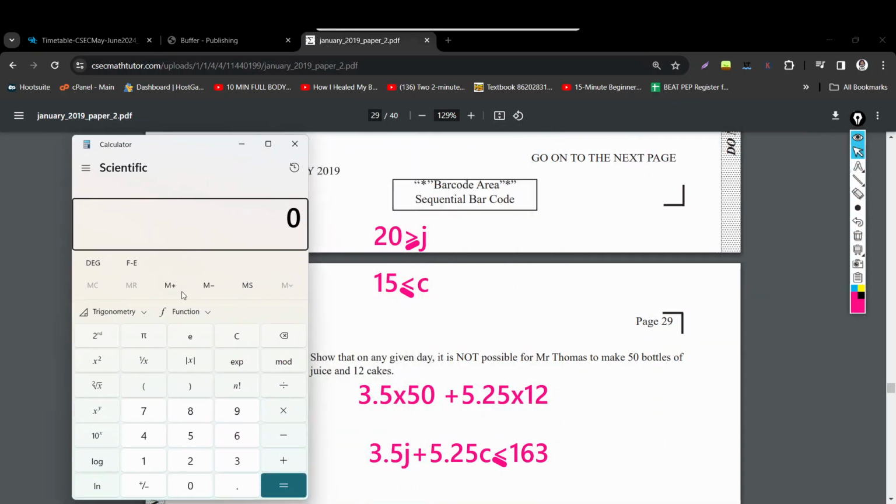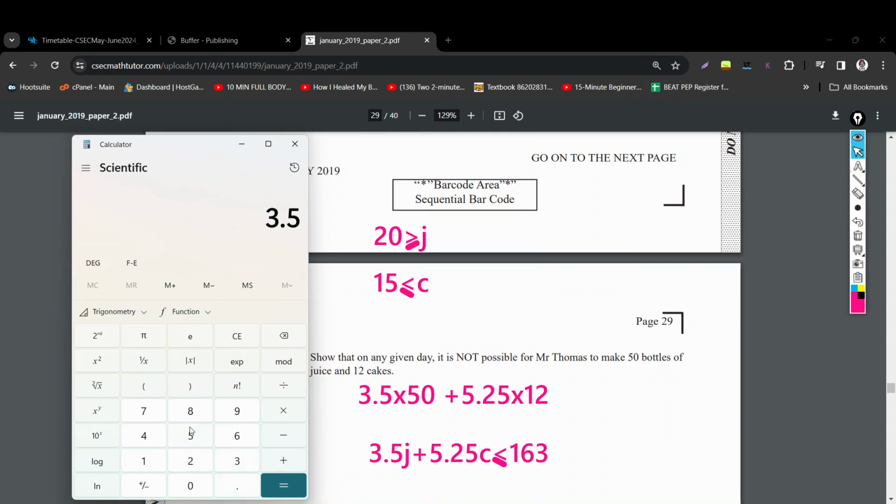And in this case, you're going to get 3.5 times 50, which is 175. 175 is already above 163, so it's kind of really obvious. And the next one now is 5.25 times 12.